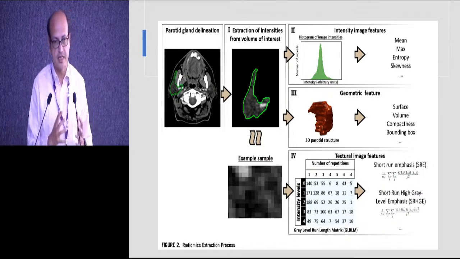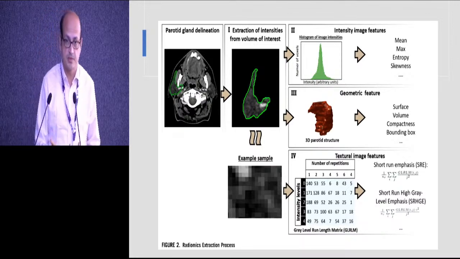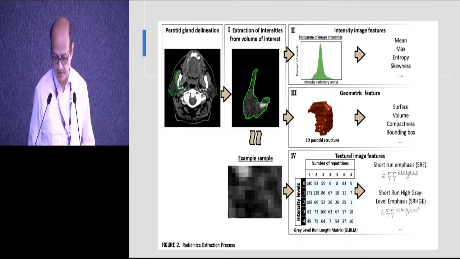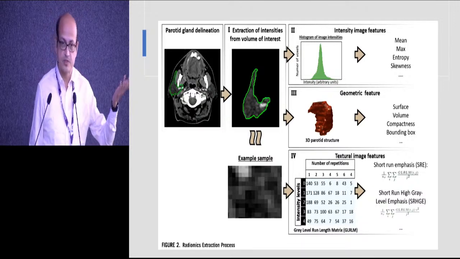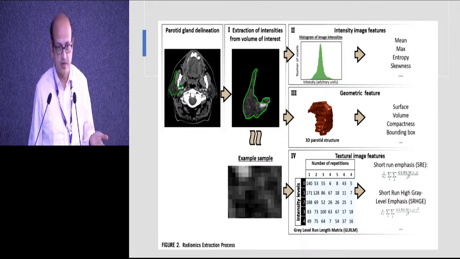And you can use that for segmentation, or you can use that to make predictions about outcomes and toxicities, etc. But that was the old thing. By old here we mean 10 years old, which is not old at all for some of us.